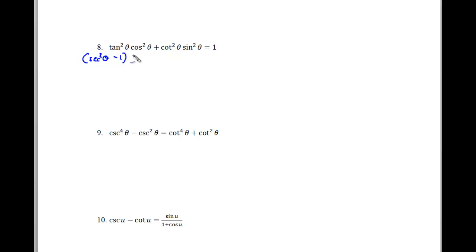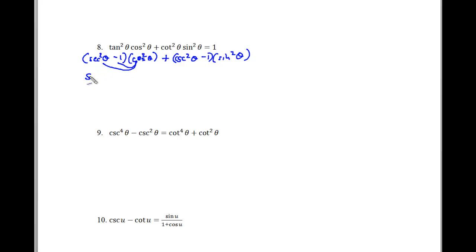And then this would be multiplied by cosine squared theta. Plus, let's rewrite my cotangent squared theta as cosecant squared theta minus 1, and multiply that by sine squared theta. Now, all I'm trying to do is get this entire thing to break down into 1. So I'm going to distribute my cosine squared theta to this binomial.